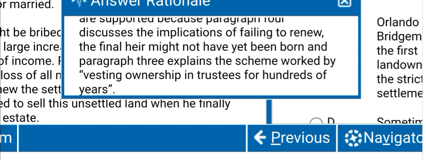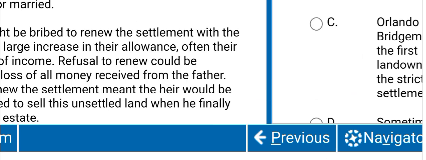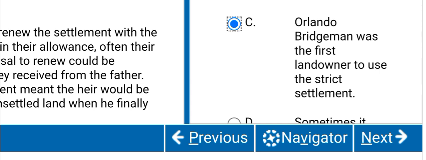And paragraph 3 explains the scheme worked by vesting ownership in trustees for hundreds of years. So that's why the correct option is option C, Orlando Bridgeman was the first landowner to use the strict settlement.